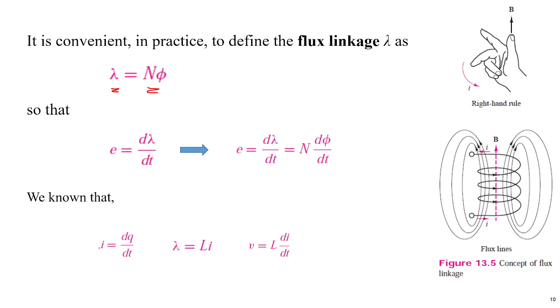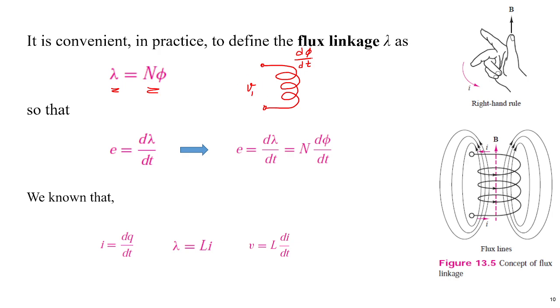We already know that I is dq by dt, lambda is Li, and the voltage is L di by dt. So if you have the conductor coil and you change the voltage, you get a change in flux.